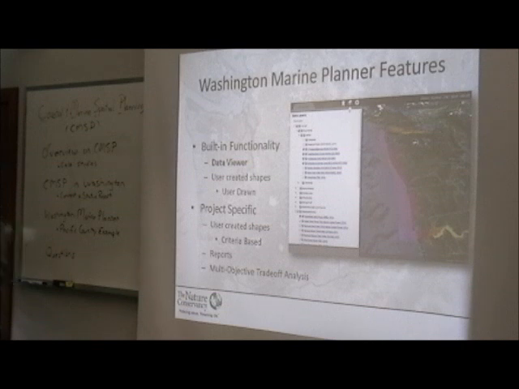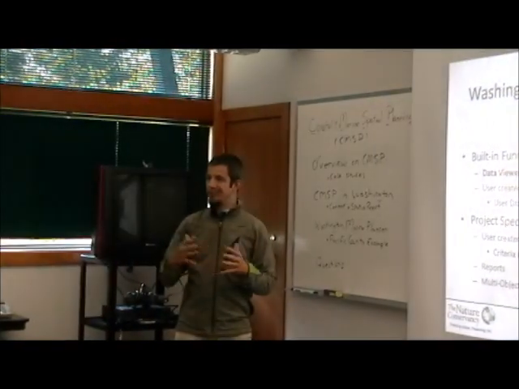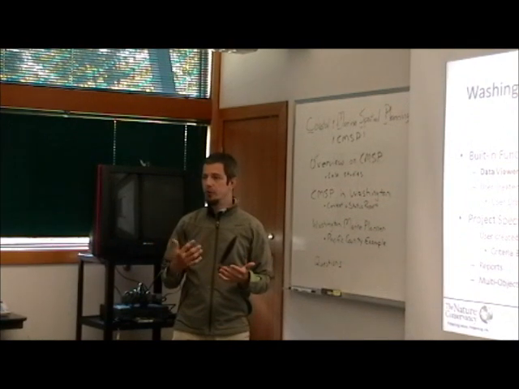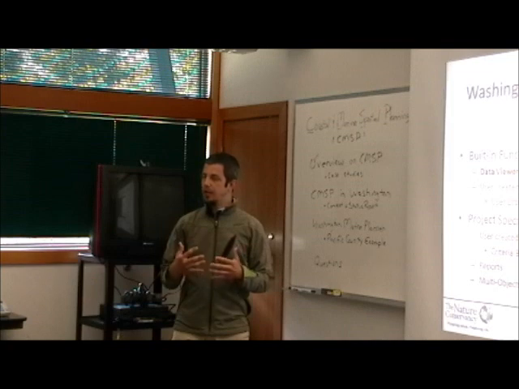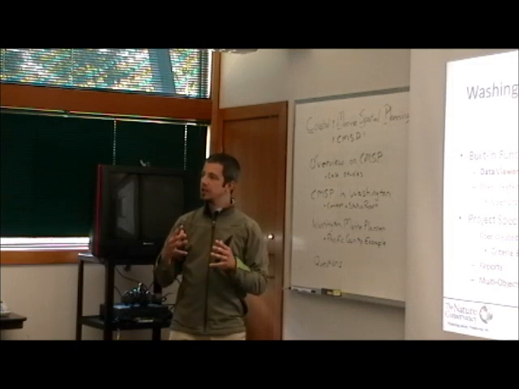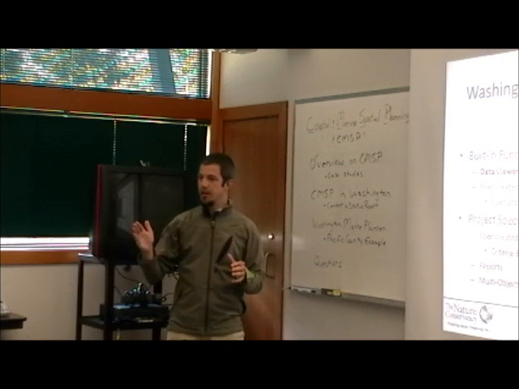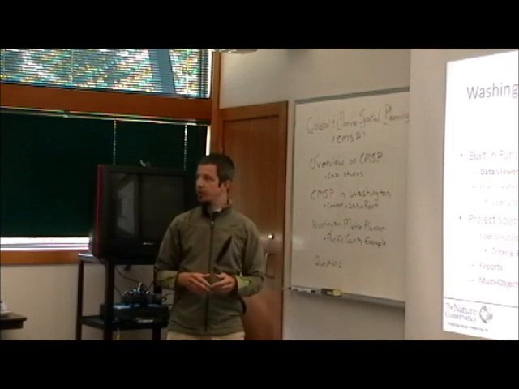And the data are compiled from a variety of sources, both state, federal, and local. So varying data resolutions, varying data extents. We've also contributed a number of data sets from our marine eco-regional assessment, which is essentially a conservation planning analysis that's region-wide in scope. It goes from the point of Cape Flattery down to Cape Mendocino in California.